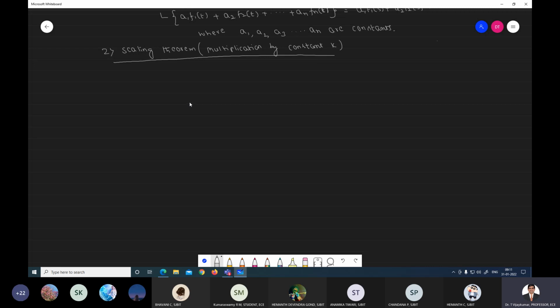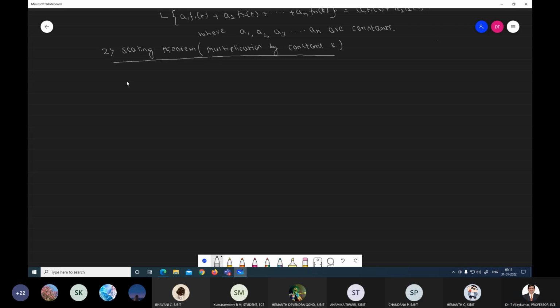See here, if k is a constant, then the Laplace transform of k into f(t) is given as k times the Laplace transform of f(t). That is, Laplace of k f(t) is equal to k into F(s).